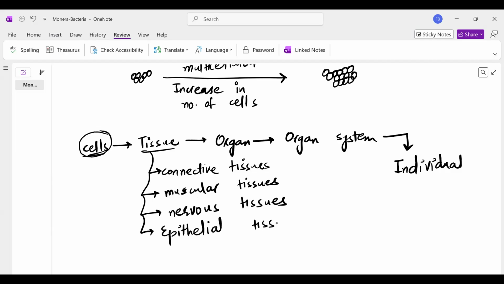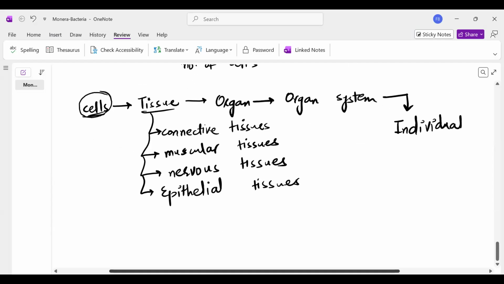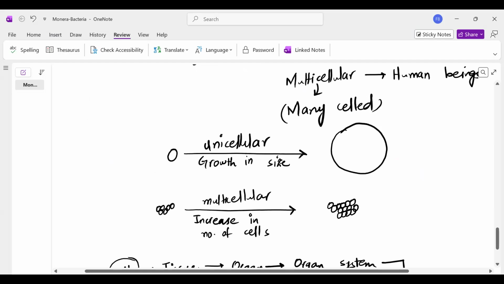Okay, these are the four main types of tissues which we will be discussing in the IGCSE syllabus. Then these tissues will combine and form organs and organ systems, and then the individual. Are you clear till this, what we have discussed?